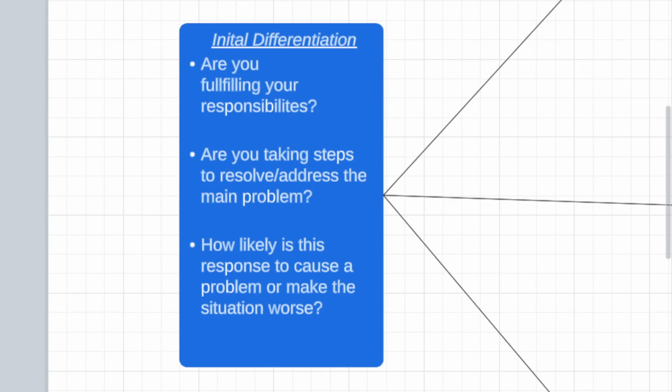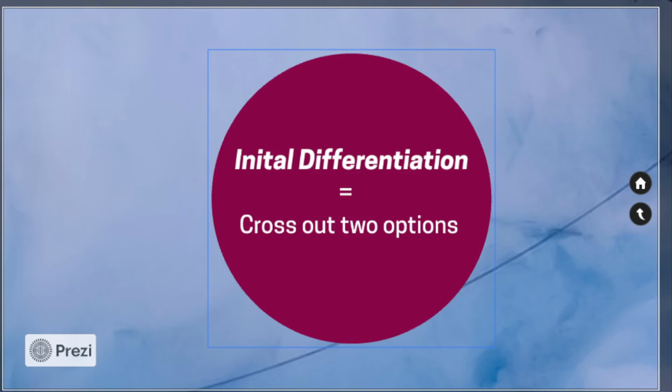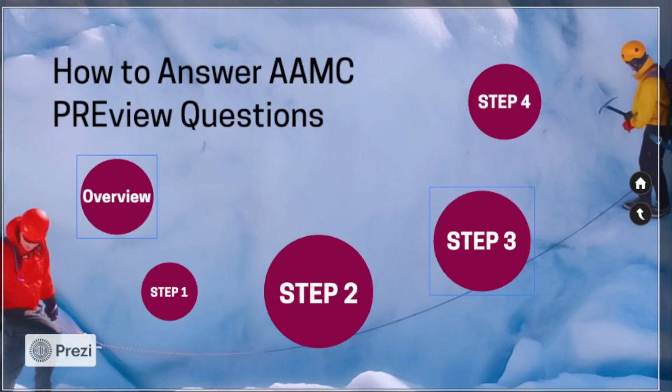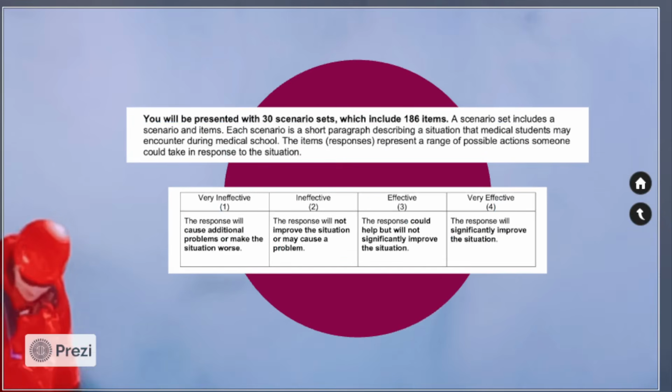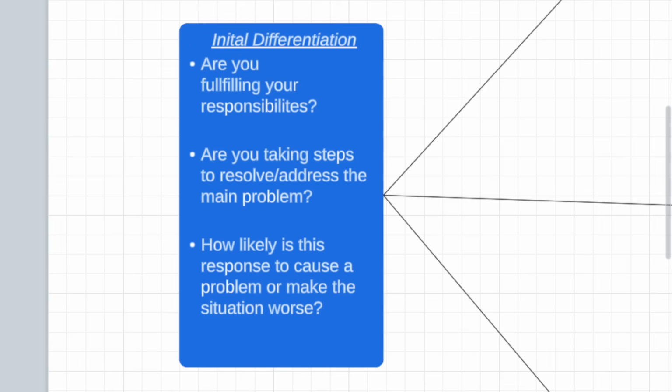Well, how did we get to these questions? We got there because, if you look back at the definitions of each of our responses, one key differentiator between the effective side of the scale and the ineffective side of the scale is if you're helping the situation, right? If you're improving the situation, or if you're causing a problem, or if you're not improving the situation. So, going back to our questions, if we are fulfilling our responsibilities, right?